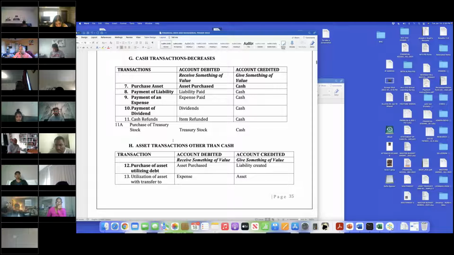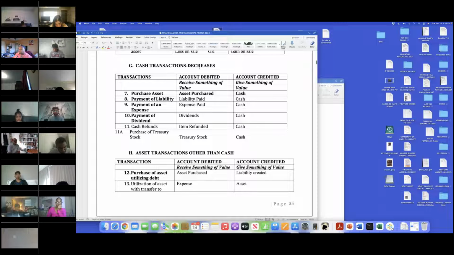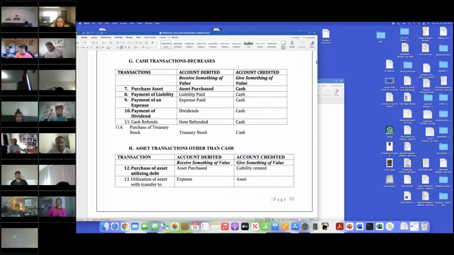Whenever cash is going out, you've got to be somewhere from 7 to 10. That's a 7. We paid out cash. We purchased an asset. What asset did we purchase? Supplies.